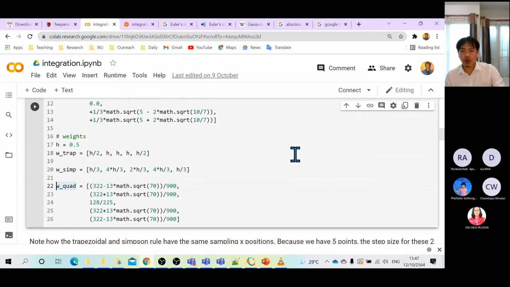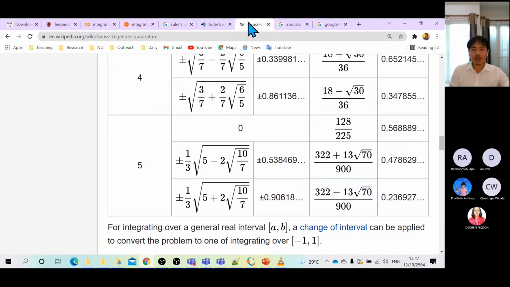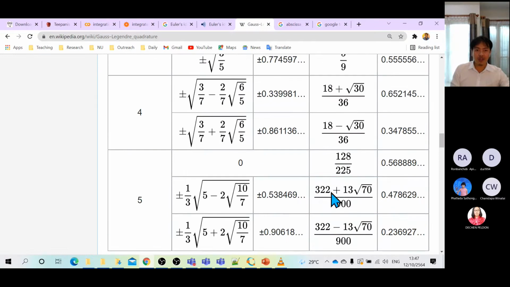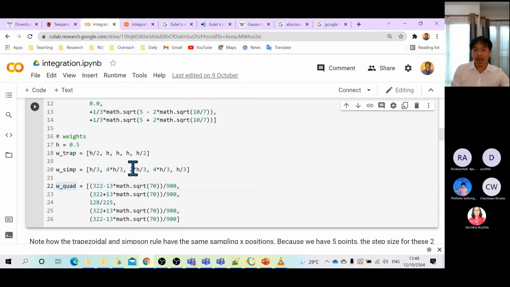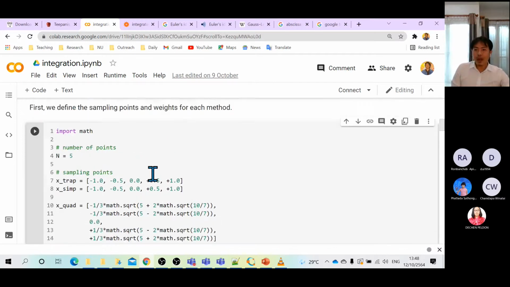What about the weights for quadrature? Again, I go back and look at the formula for these, 3, 22, and so on. I just copy those values and put them back here for the quadrature. Now we have the abscissas and the weights defined.